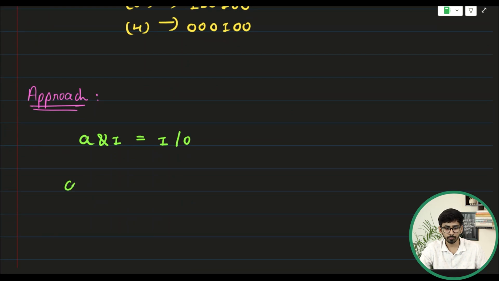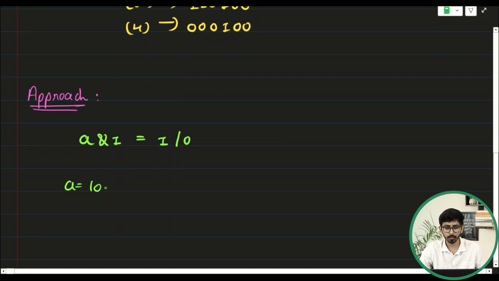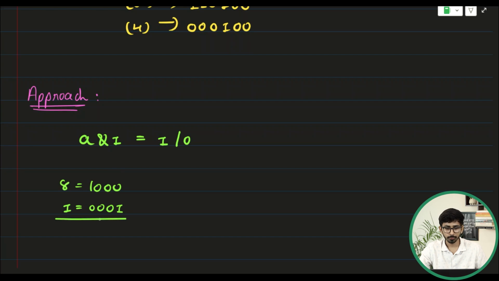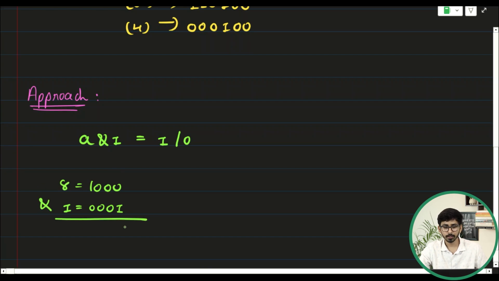Let's say the value of a is 8, that will be 1 followed by three 0s. Now if I do the AND operation with 1, so 1 will be this, and this is your 8. If you do the binary AND operation, you will see that the output comes out to be 0.